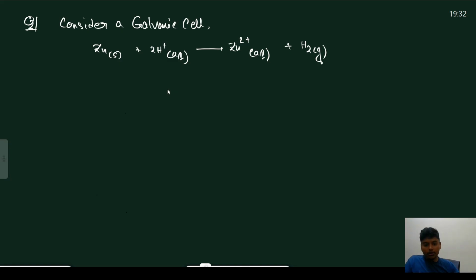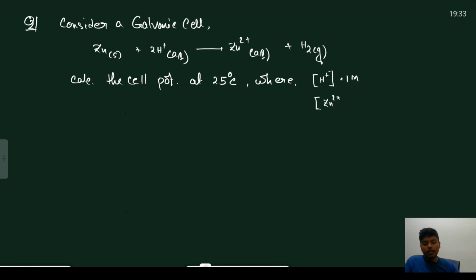Clear or not? The next question is that you have to calculate the cell potential at 25 degrees Celsius or 298 Kelvin, where the concentration of H plus is given as 1 molar, the concentration of Zn2 plus is 0.001 molar, and the pressure of hydrogen is 1 atmosphere.